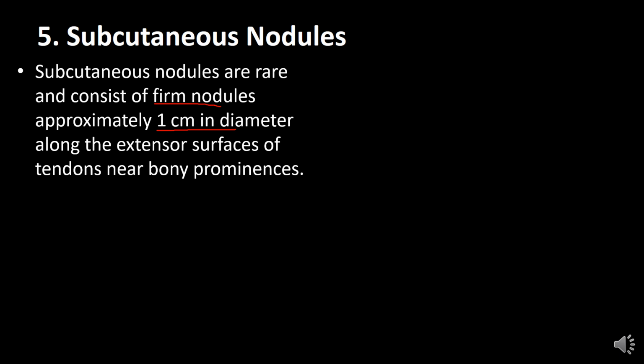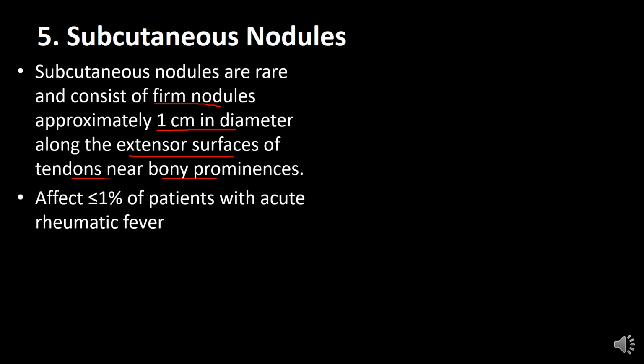They commonly occur on the extensor surfaces of tendons and near bony prominences. So, if you're looking for subcutaneous nodules, you're looking for them over the extensor surfaces, near tendons and bony prominences. They will be firm, they'll be non-tender, and then they will be about 1 centimeter in diameter.